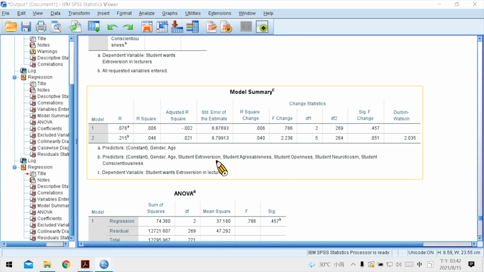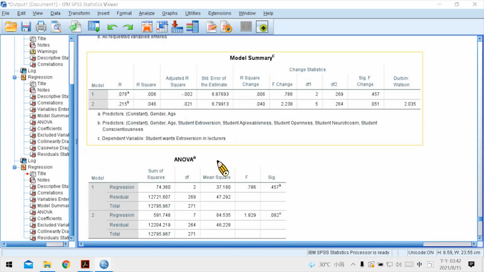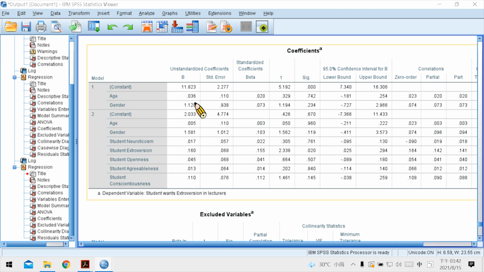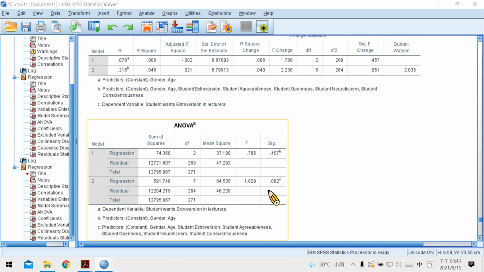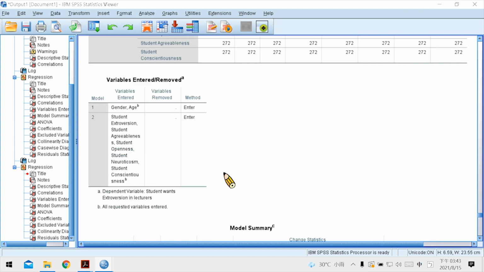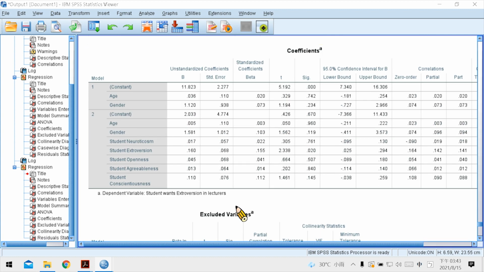So you see the table in here. The coefficient, okay. This is the lecture introversion, and you see the coefficient.